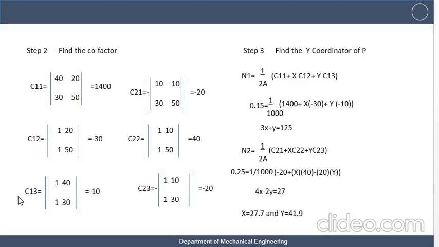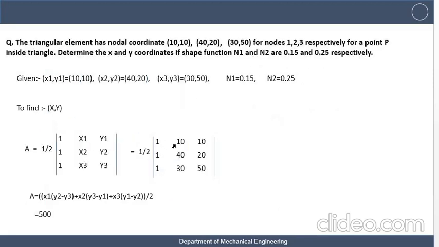The next step is to find the cofactors. For cofactor C11, eliminate the first row and first column from this matrix. So we'll get 40, 20, 30, 50.